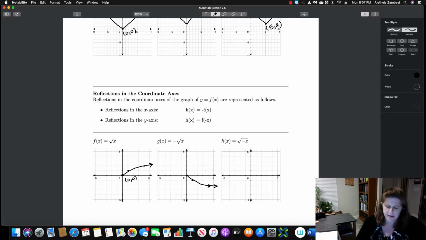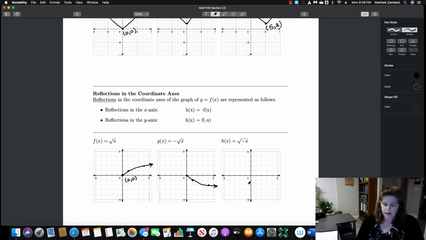Now for h of x, the negative sign is on the inside of the square root. If you're thinking about square roots, remember that you can only have 0 and positive values inside a square root. So this whole thing has to be positive in here, which means that I can only put in negative values for x.